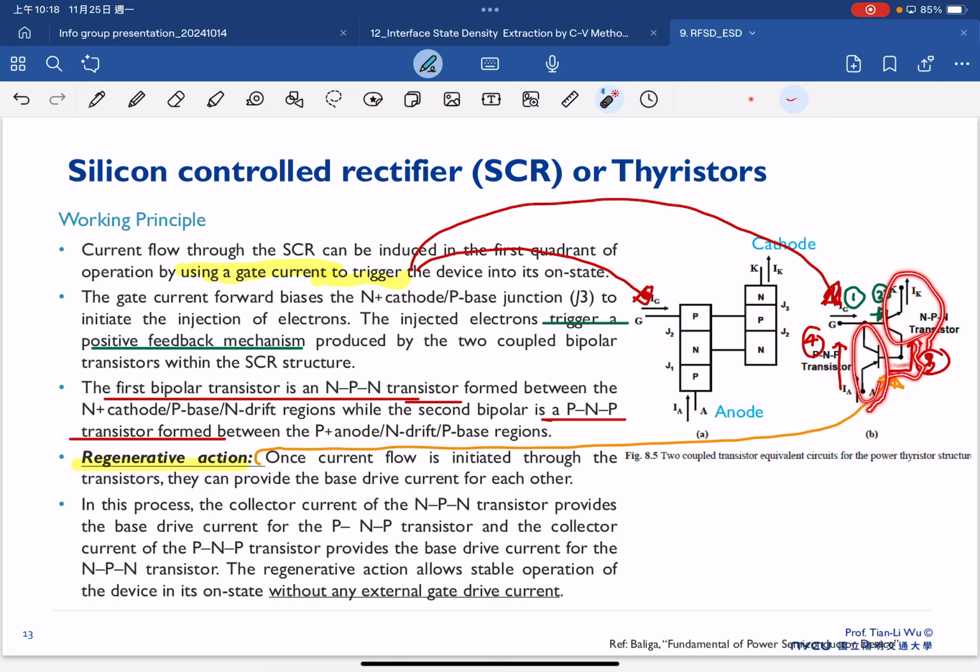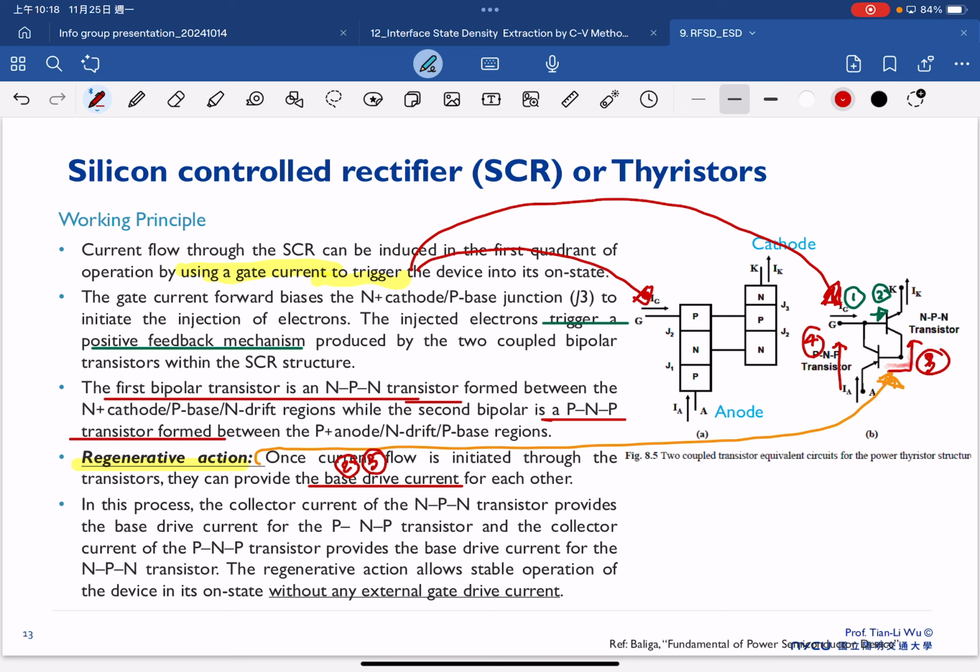And this turns on again, and this current provides the base current for the other one. So this is what we call regenerative actions. This is due to providing the base driving current, as we have seen here for 2 and 3, for each other.